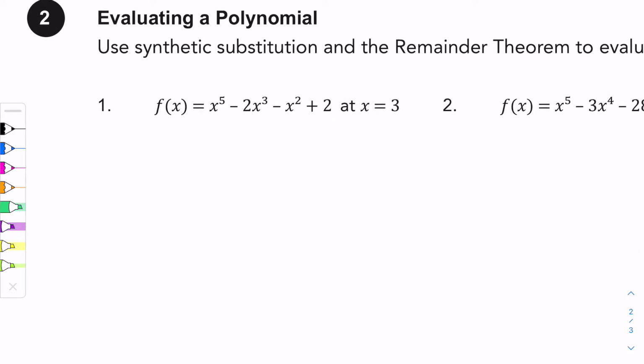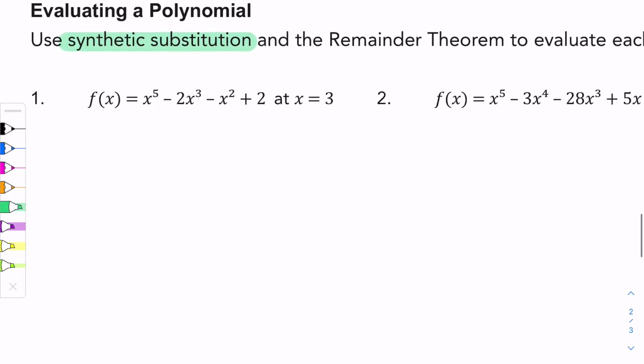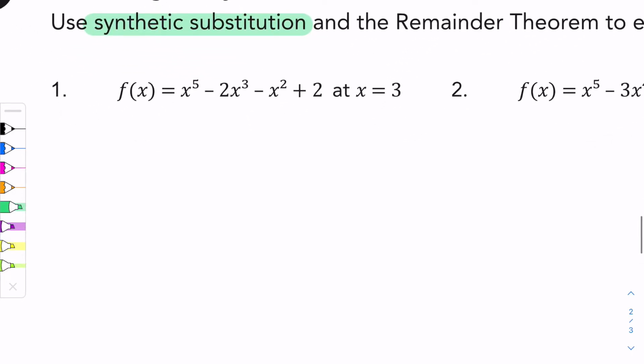So example 1 says to use synthetic substitution, which means we have to use the synthetic process to do this, and the remainder theorem to evaluate each function. So if you are using the remainder theorem, you are only evaluating. You do not need to write your final factors. You don't need to write your quotient plus your remainder over your divisor. You are just evaluating.